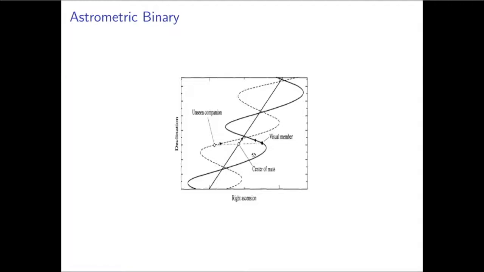But how do we know that there's a companion? Well, we can just observe the motion of the visual member and see if it fits what we would expect from a binary star system. If you can guess a barycenter along which this is moving, then it's probably a binary or it's a black hole.